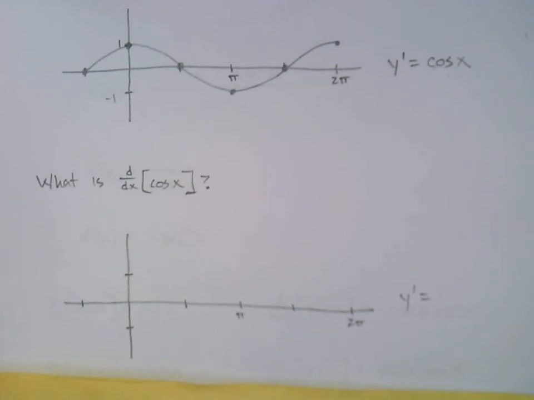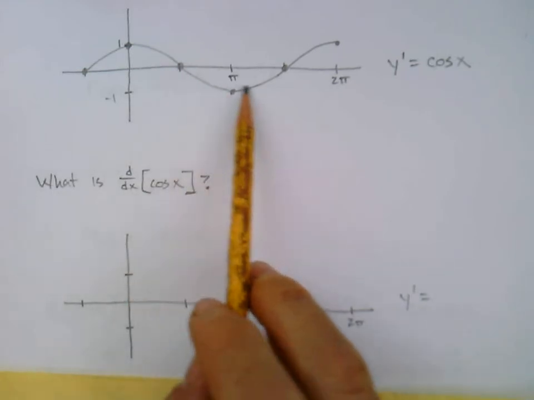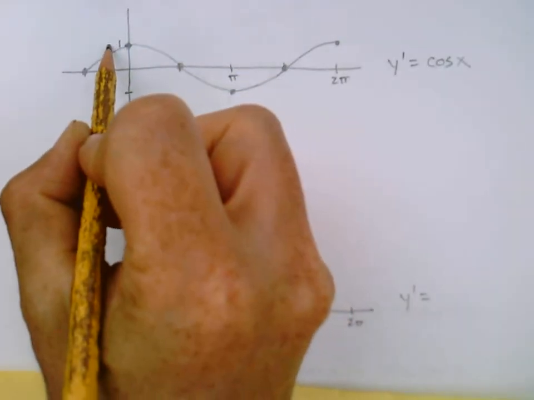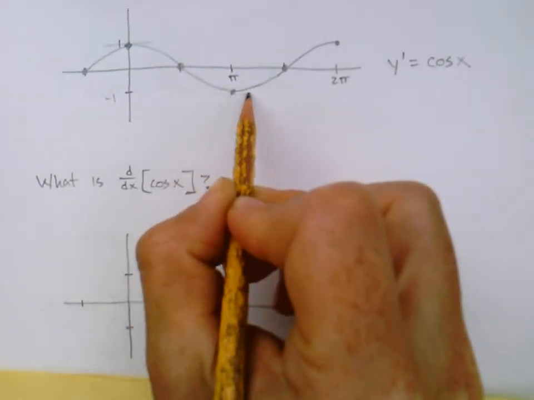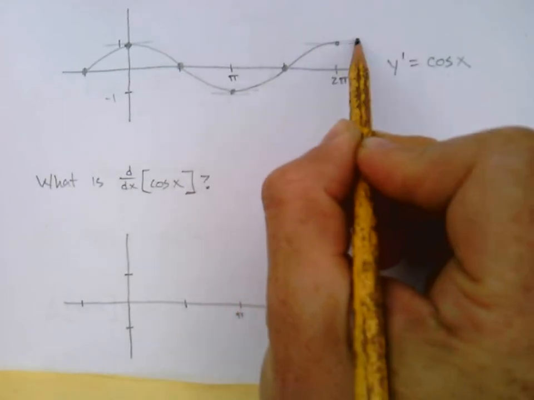Now, wouldn't it be crazy if the derivative of cosine x turned out to be sine x? If they switch back and forth. Let's see how this works. We don't want to make any presumptions. If we think of the graph of cosine, let's look at those zeros. So there's a 0 here, a 0 here, a 0 there.